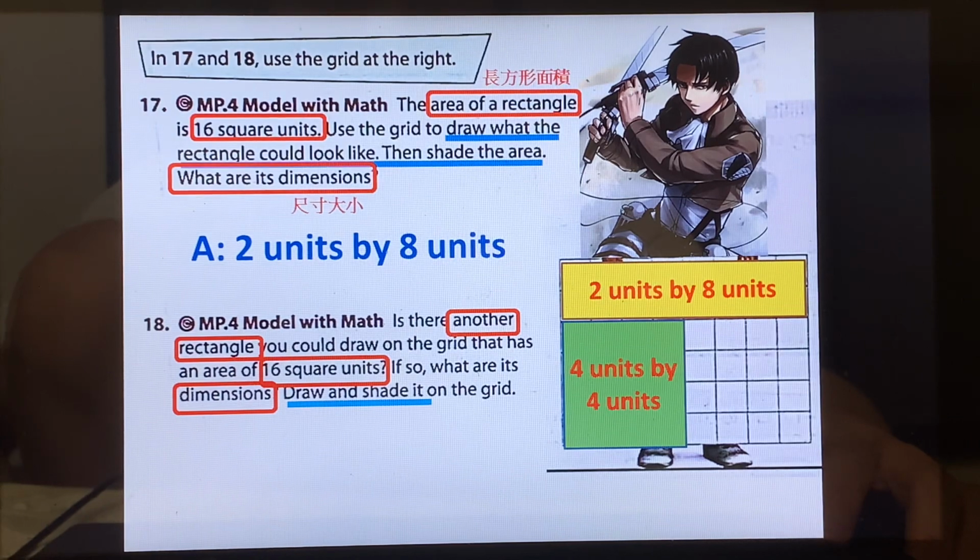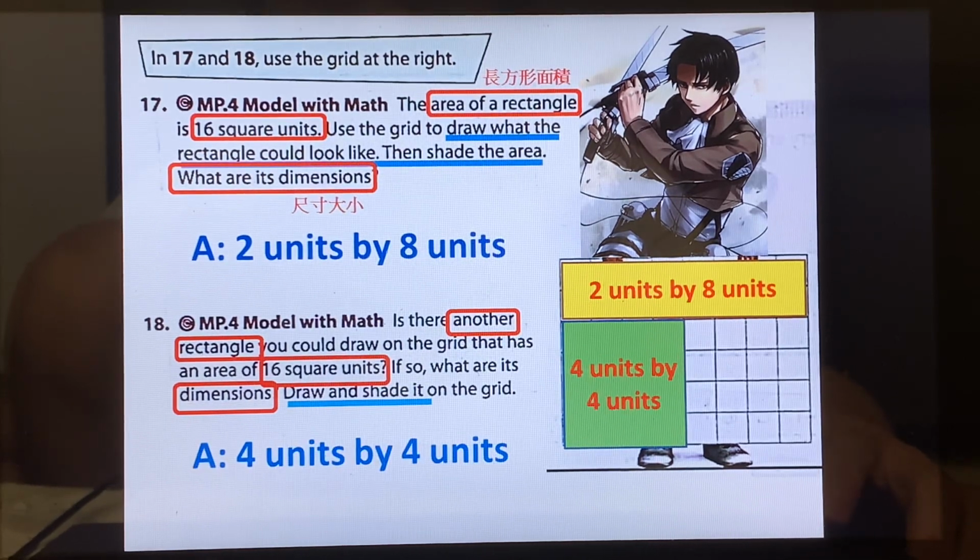Have you got the same rectangle as I'm showing you in my drawing? 我这边画的呢是一个4 units by 4 units，它是一个正方形。A square is regarded as a rectangle. 为什么呢？因为正方形呢是长方形的一种，正方形是长方形的一种，所以可以画成正方形来当做长方形是没有问题的。So the dimensions of the green rectangle is 4 units by 4 units.